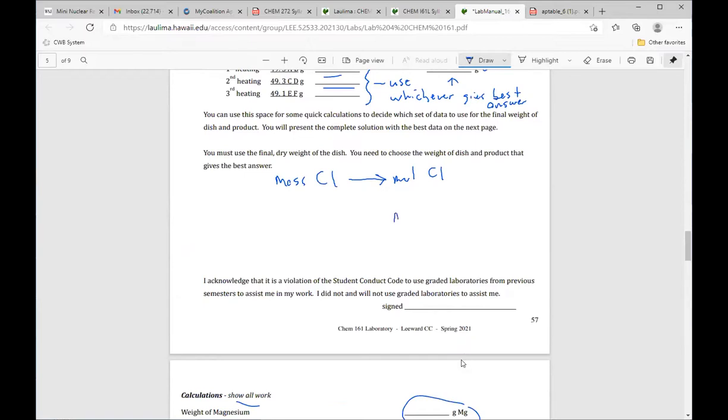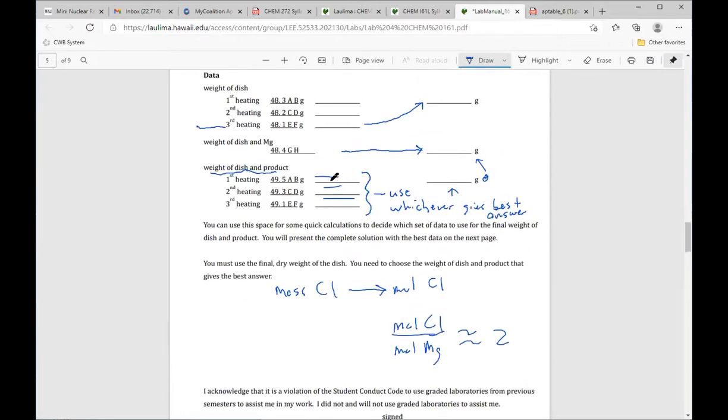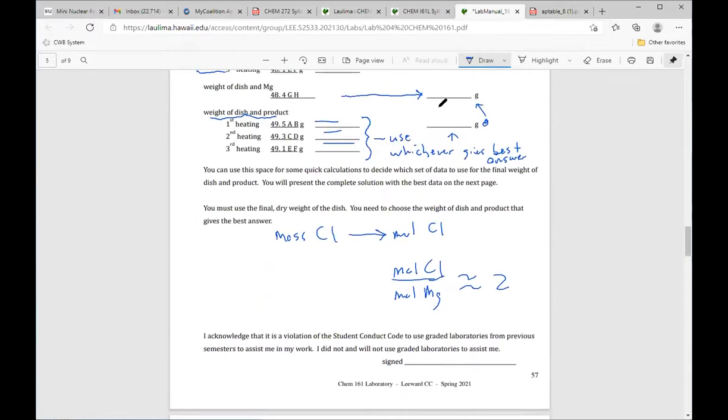And then take your moles of chlorine, divide by moles of magnesium, and whichever one is closest to 2, because it's supposed to be 2 to 1, right, MgCl2, whichever one is closest to 2 from these 3 numbers, 1, 2, 3, that's the one that you write here. That's the mass that you use.